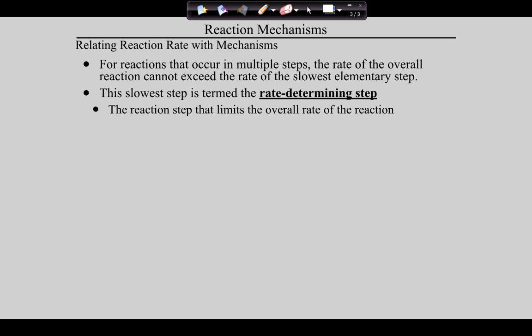It is what is called the rate determining step. And then by definition, no surprise, the rate determining step is called that because it's the one that determines the overall rate of the reaction.